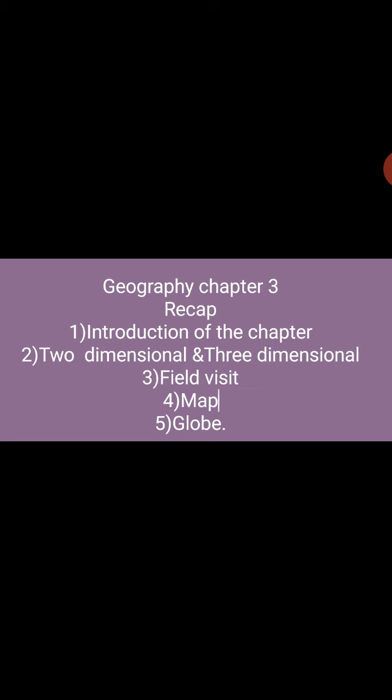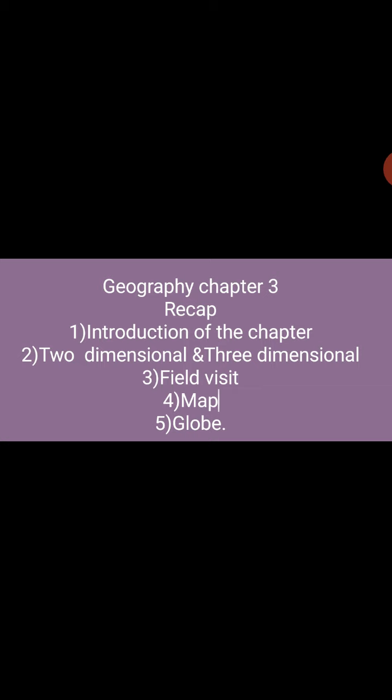We learned the meaning of two-dimensional, right? Third point, we have done field visit, right? An educational trip related to geographical places, where we understand social problems and interact with the local people and their problems also, right?